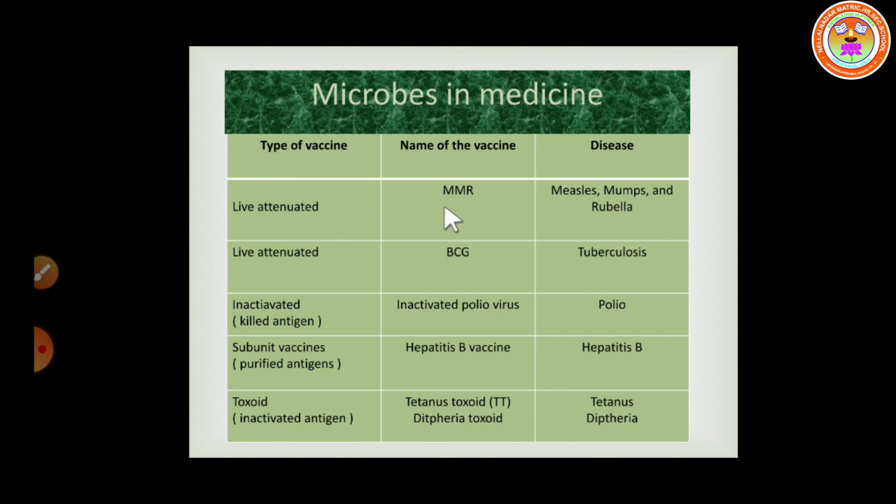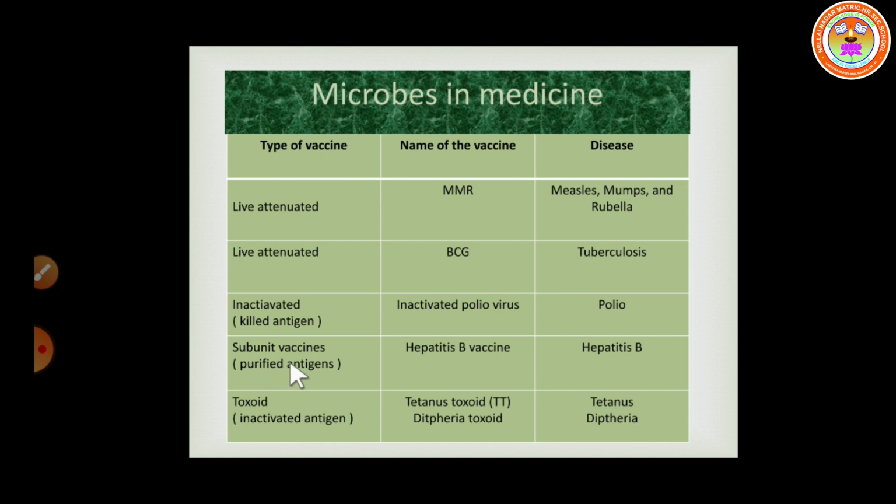The name of the vaccine is MMR, which helps against diseases like measles, mumps and rubella. Again live attenuated microbes: the vaccine is BCG, against tuberculosis. Inactivated or killed antigen: inactivated poliovirus, that is IPV, against the disease polio.